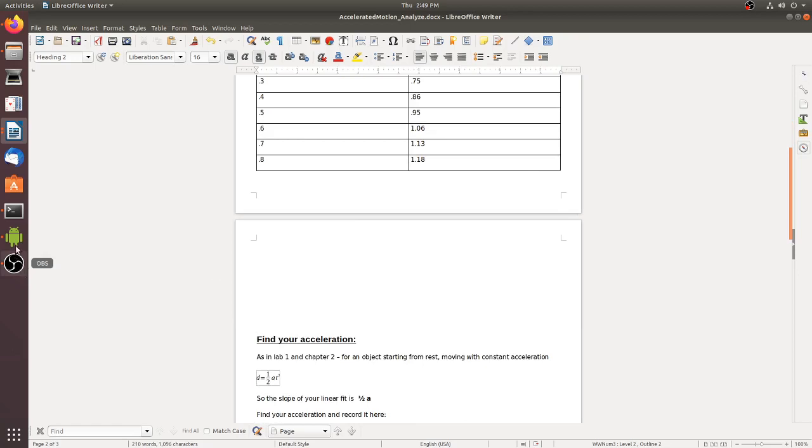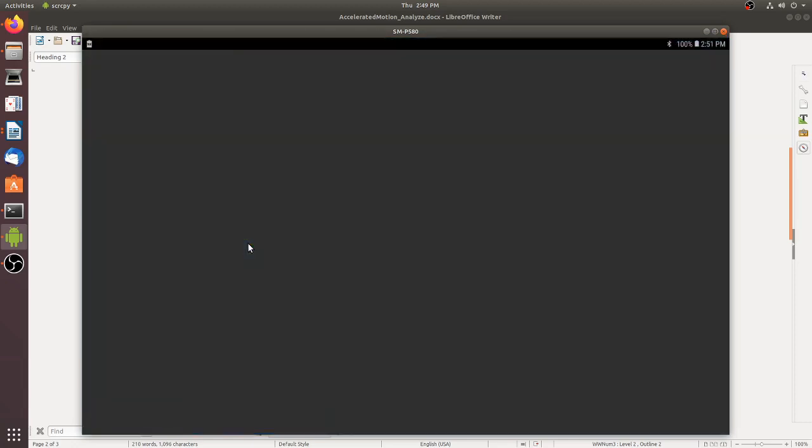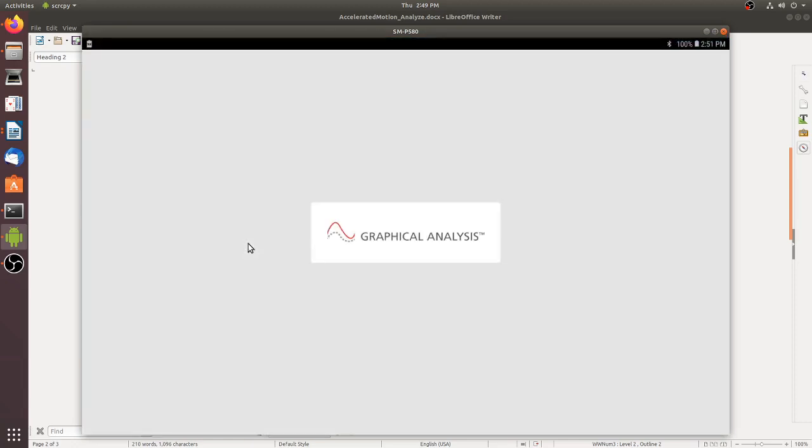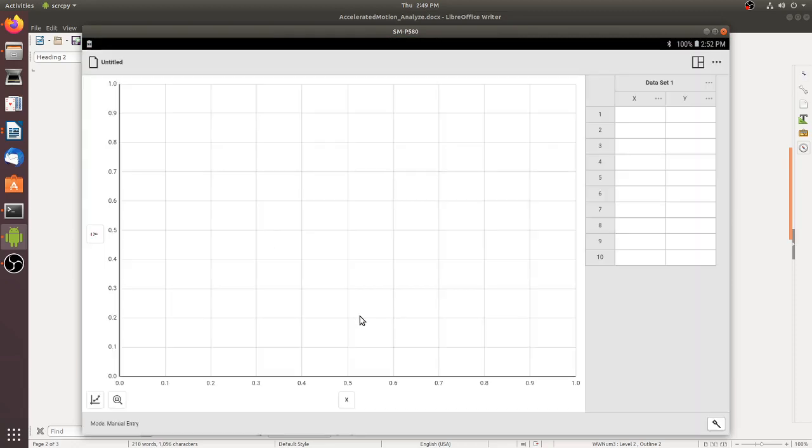So I'm going to get my tablet and start up graphical analysis. I'm going to choose manual entry. I'm going to do basically the same thing I did in Lab 1. So that was worth it.